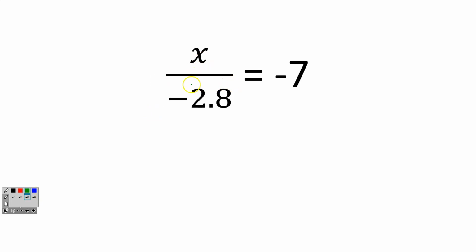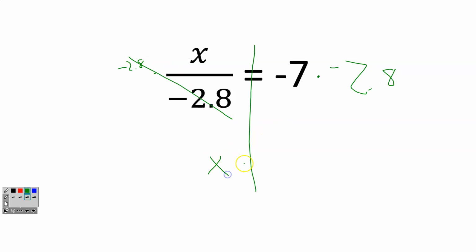X, that slash right there means divide. X divided by negative 2.8 equals negative 7. Draw my fence. The opposite of dividing by negative 2.8 is to multiply by negative 2.8. So I'm going to multiply both sides by negative 2.8. Those cancel out.